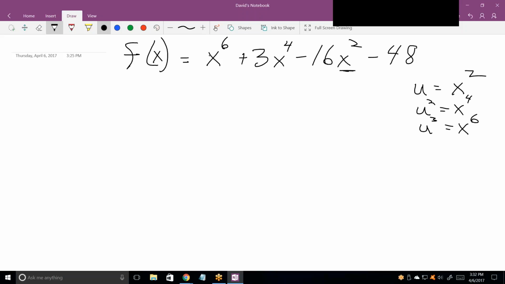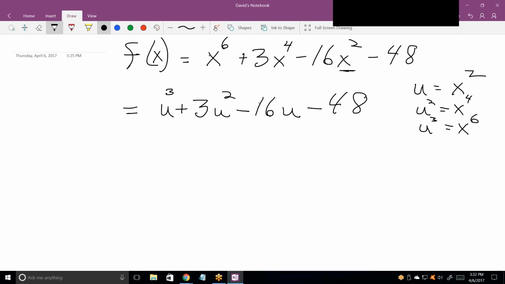Right now, it's a sixth degree function. Well, who knows how to do those? Nobody. But I can turn it into a cubic by using this substitution method. What I end up with is u cubed plus 3u squared minus 16u minus 48.